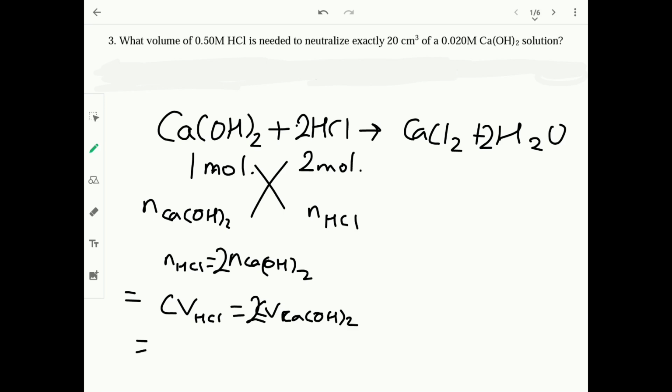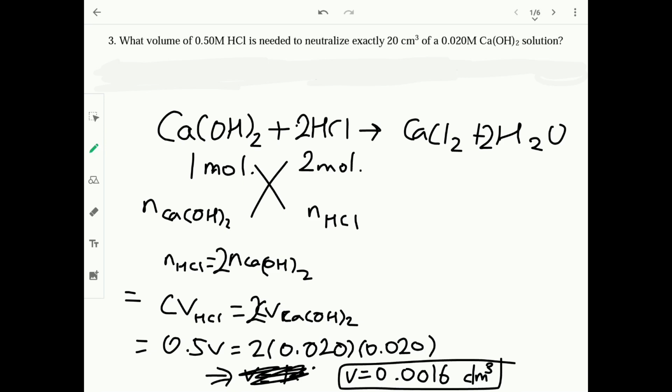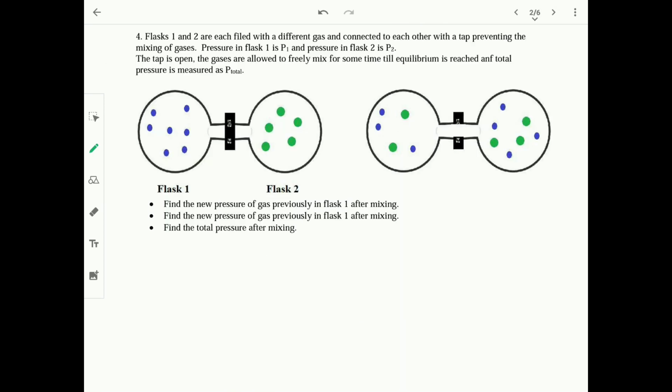Now the concentration is 0.5, V equals 2 into 0.020 into 0.020 again, and the volume should be equal to 0.0016 decimeter cubed, because what I've done is I've converted 20 into 0.020. And now let's go to number 4.